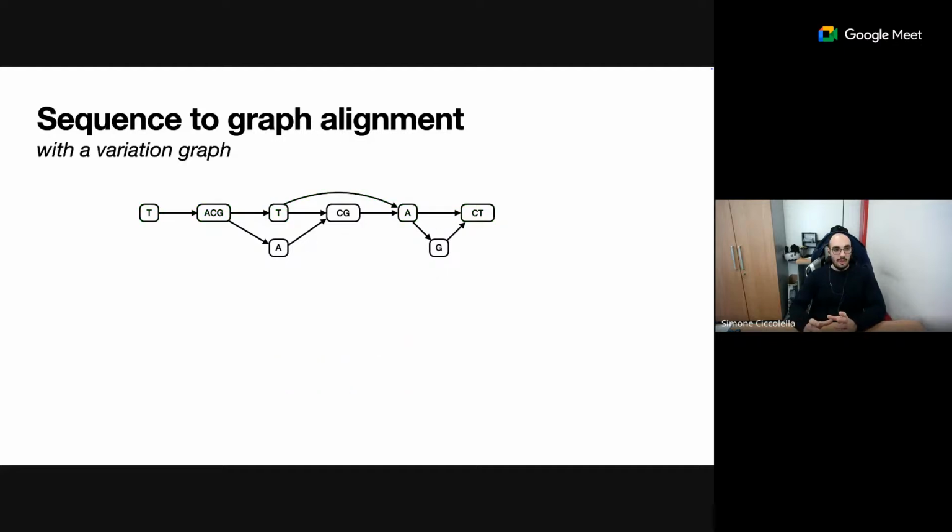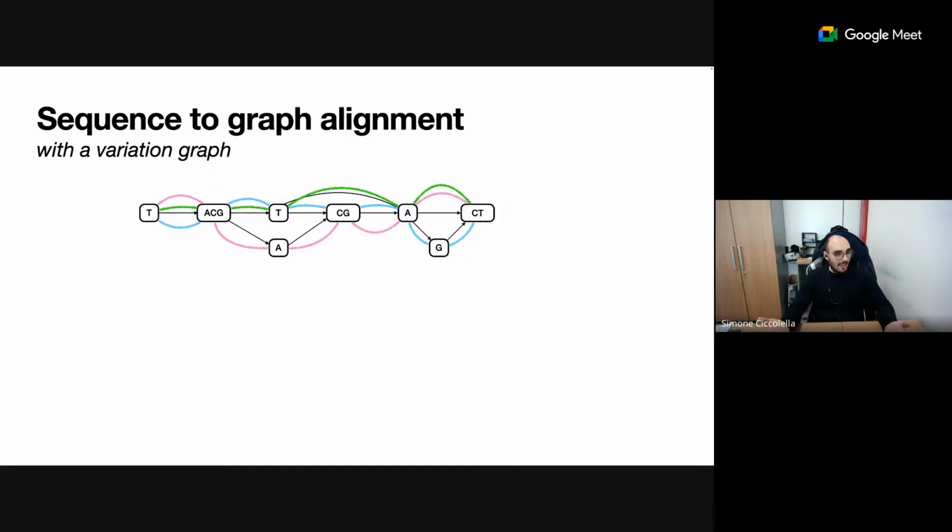Now, what happens when we have a variation graph? Well, what is a variation graph? It's something that we add on top of this structure. So, for example, here I've added some colors to this graph, and this graph represents now what we call a variation graph, where we basically have different walks or paths in this graph, and they represent something.